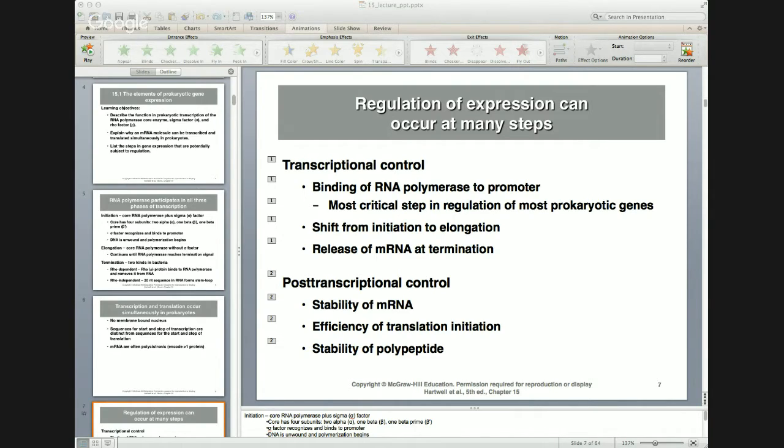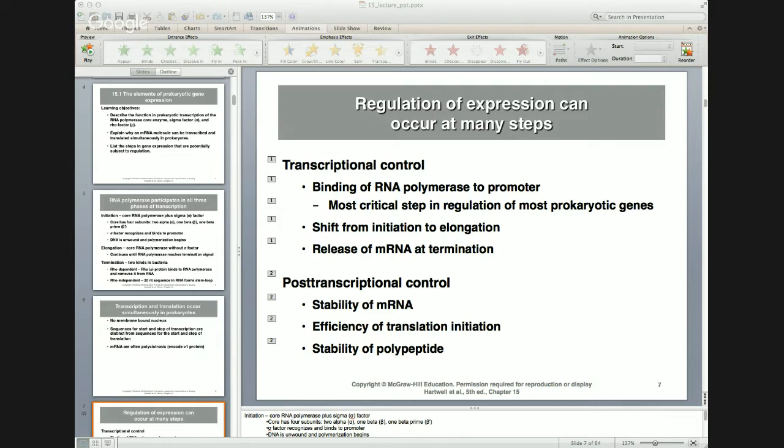Okay, regulation could also occur post-transcriptionally. For example, the stability of the messenger RNA, how long a messenger RNA stays in the cell. The longer the RNA stays in the cell, the more protein that you could get from that RNA. So if a messenger RNA is made and it's readily degraded, then the amount of protein that is produced would be low compared to an mRNA that stays around in the cell.